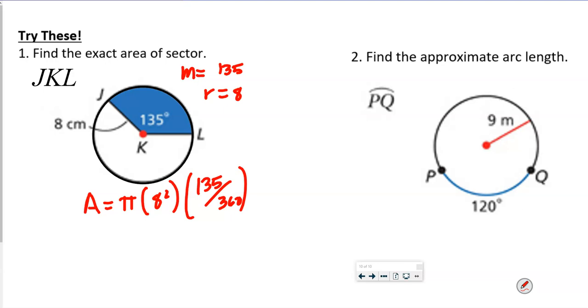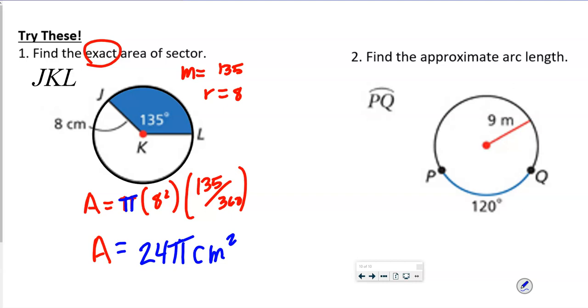So this one, and it says exact area. You see that this time? So we don't have to do both. So this one is just going to be, we're going to leave our pi out, right? We're going to leave this out to the end. So our answer is going to have pi in it. So 64 times 135 divided by 360. So this is going to be 24 pi. And again, this is centimeters squared because it's the area, okay?